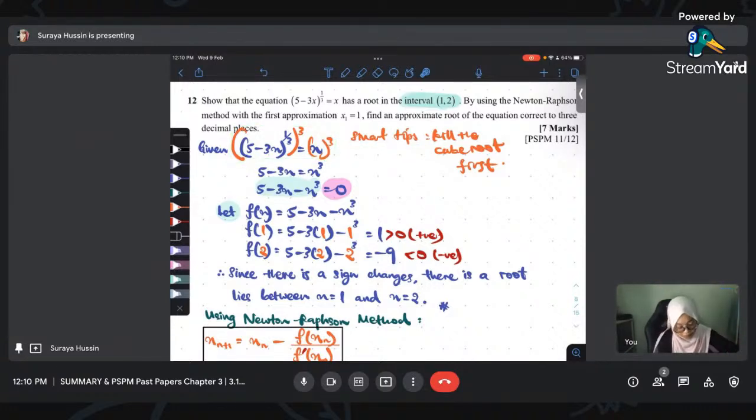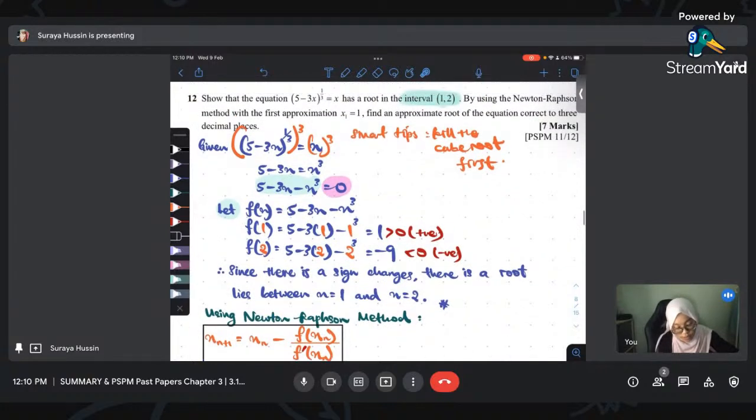Okay? Now, kita kena cari seterusnya by using the Newton-Raphson Method with the first approximation. Nah, this one, first approximation kita kali ni dah berubah. Dia guna x1. Okay, Miss, dia guna x1 boleh ke? Boleh, tak ada masalah. Jangan takut. Just pakai sahaja.